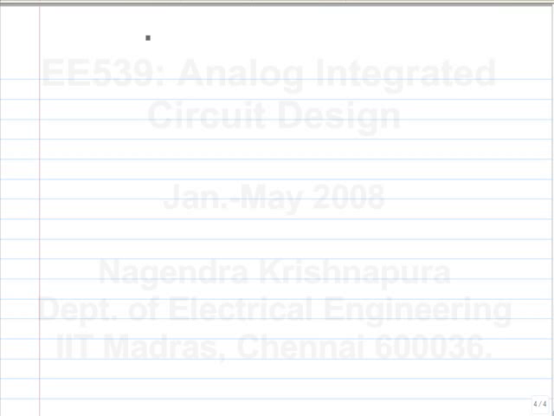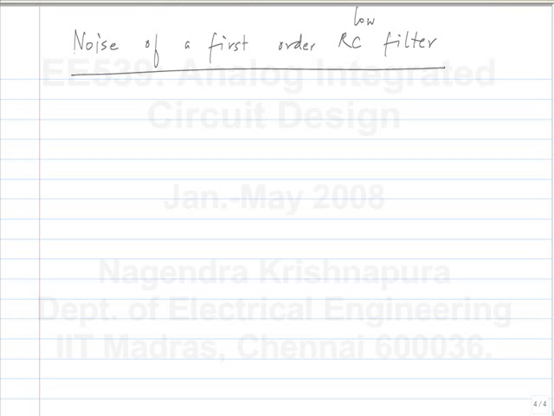So roughly speaking, in fact let me not do this, let me stick to what we derived. Noise of a first order RC low pass filter, the mean square noise is kT by C. Okay. So if C is 10 picofarads, what is the RMS noise or the mean square noise?